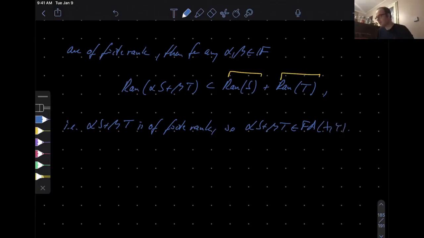So what happens if at least one of them is the norm limit of a sequence of finite rank linear transformations?